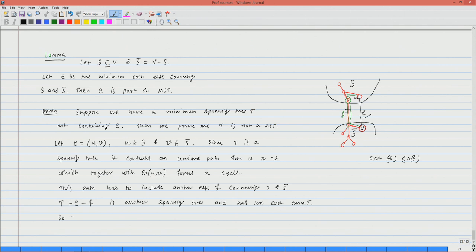So, we proved that T is not a minimum spanning tree. Okay. This is what we wanted to prove.